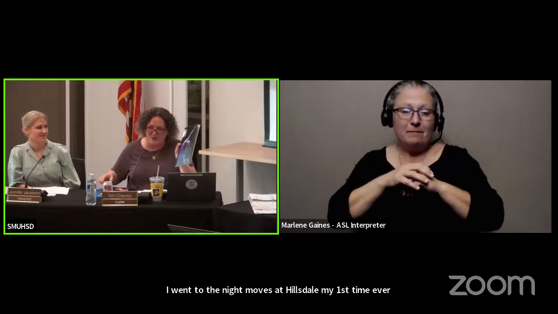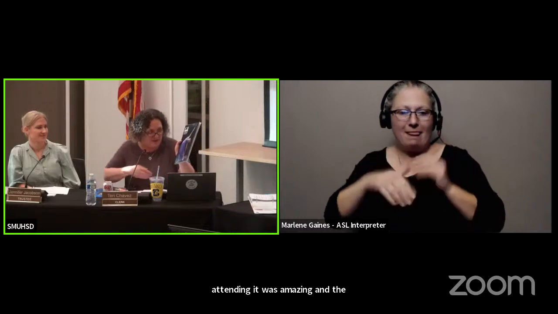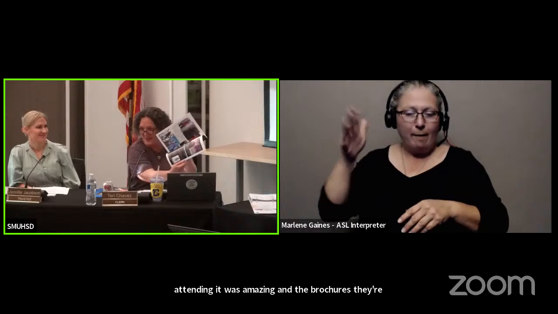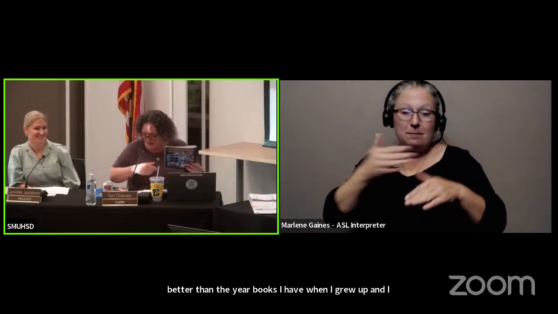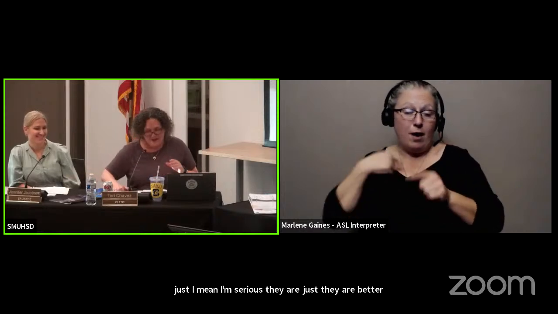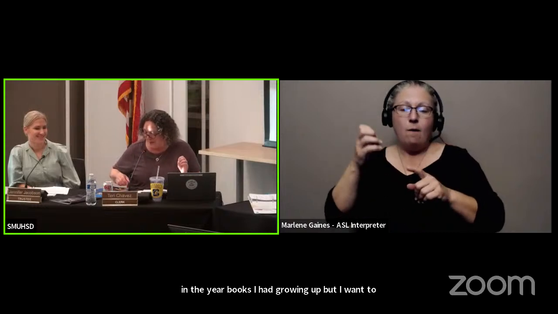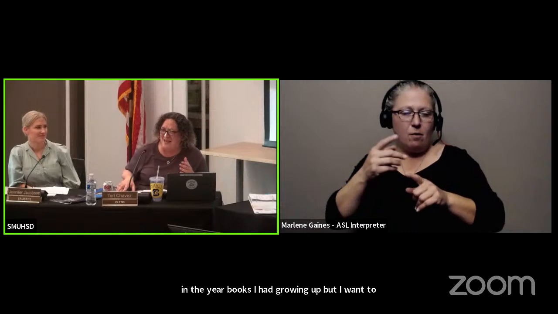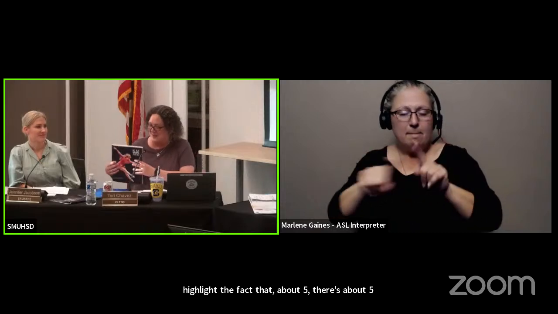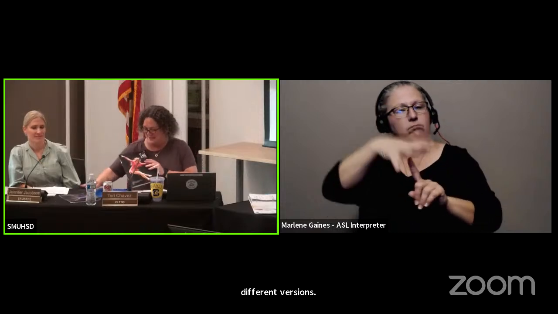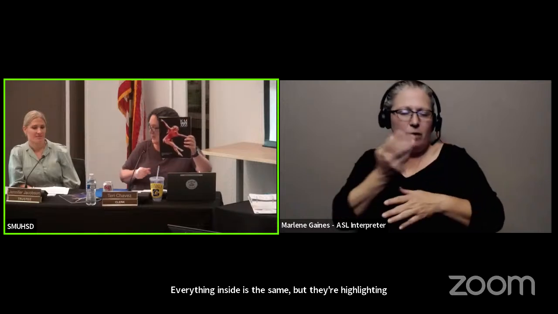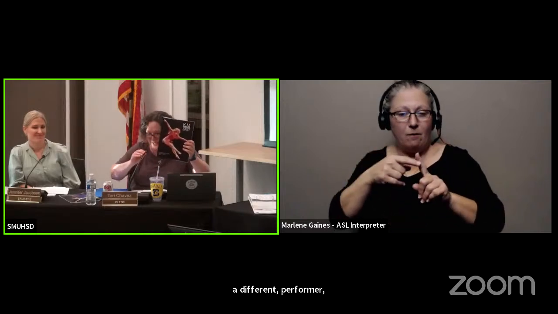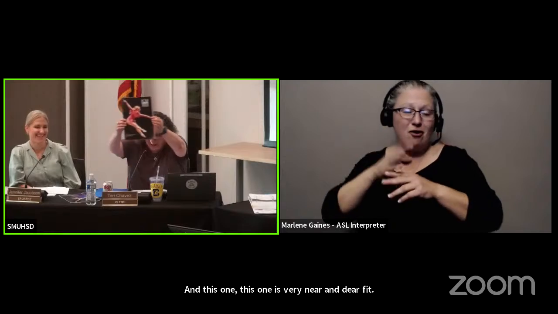And the brochures are better than the yearbooks I had when I grew up. I'm serious. But I want to highlight the fact that there are about 5 different versions. Everything inside is the same, but they're highlighting a different performer on several of them. And this one is very near and dear to Trustee Jacobson. This is her daughter on the front page of this one.